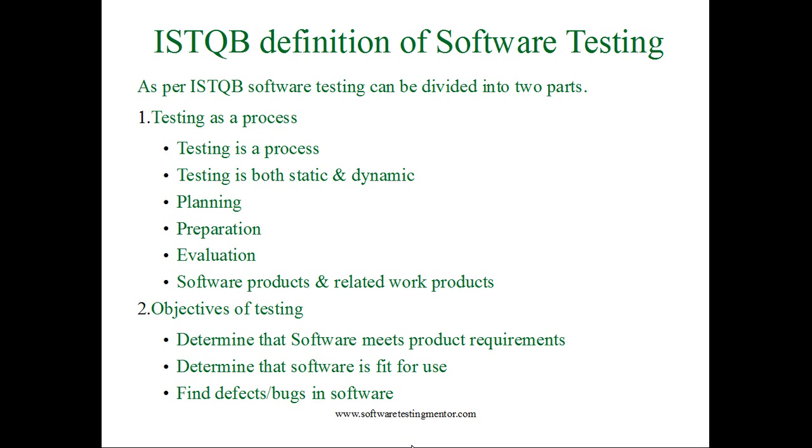What are your objectives by doing the testing? You determine that the software meets the product requirements. You determine that the software is fit for use. And then you find defects or bugs in the software before it is released into production.